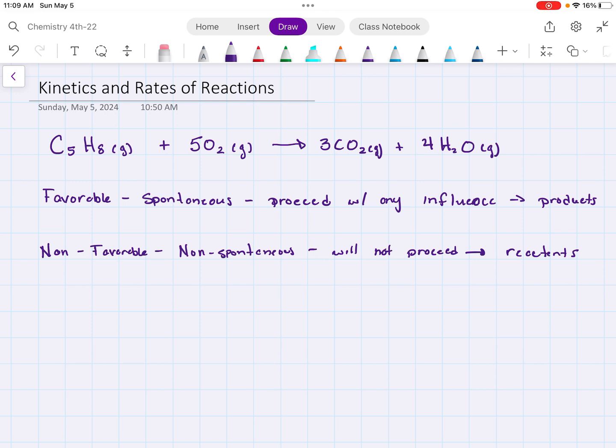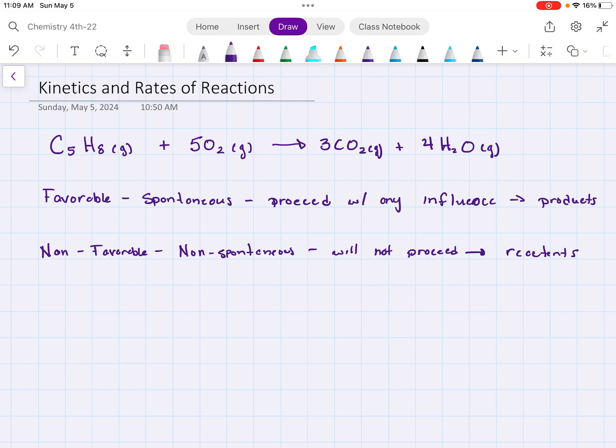Okay. So looking at the reaction above, whether it's spontaneous or non-spontaneous, reactions occur at different speeds, right? Now, even though a spontaneous reaction can proceed forward without any outside influence, those can be as quick as a combustion as we see here in the reaction above, or it can be as slow as iron rusting over the course of several weeks, right?